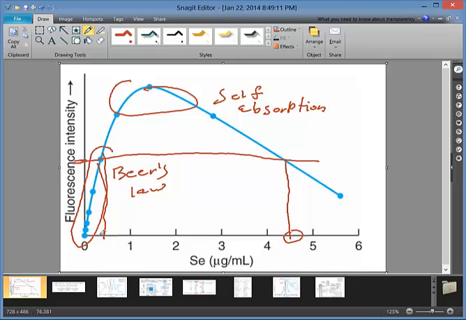So it makes things a little bit more complicated, and we will have to take that into consideration when we use fluorescence as an analytical tool.